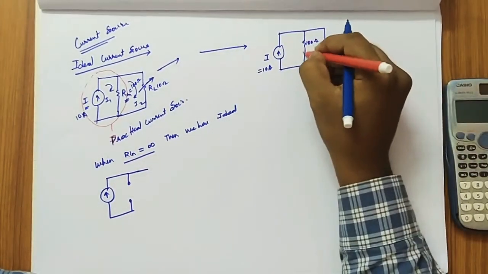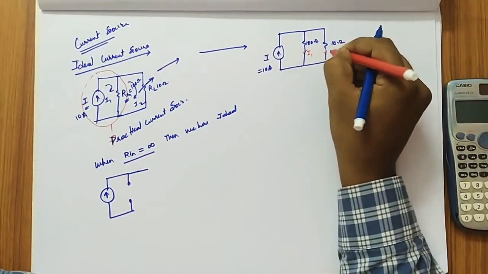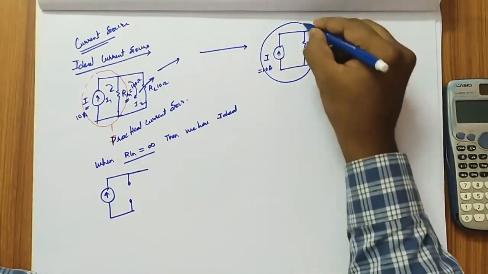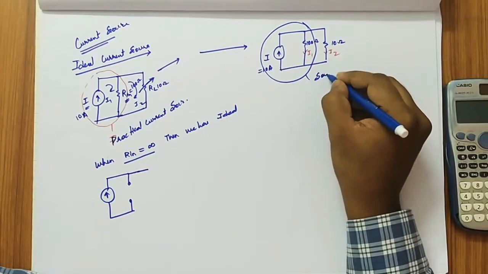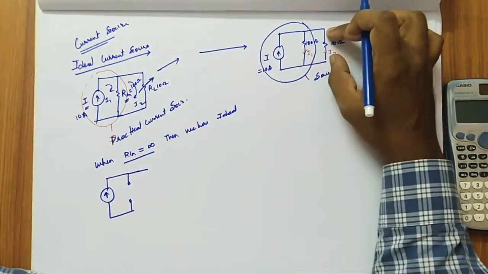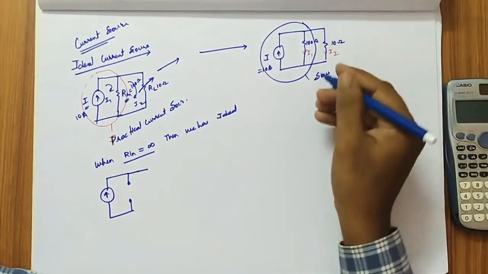Our friend here is the current division rule. Keep in mind, these are not two loads. This is the source and this is the load. We are using the current division rule here.